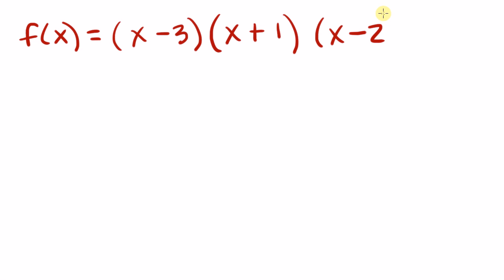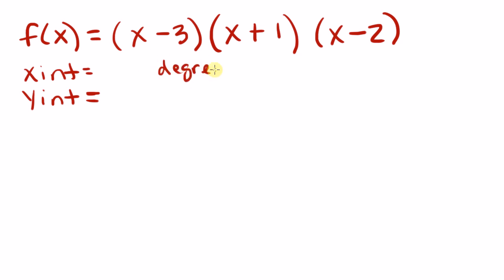Why don't you take a minute, try to do a graph, and to give you a little hint here, you need to fill in this. So you need your x-intercepts, you need a y-intercept, you need, let's say, the degree, and is it even or odd?